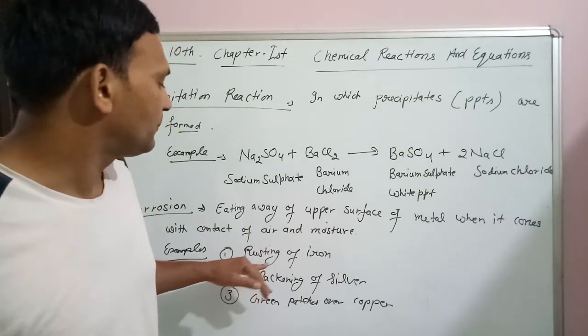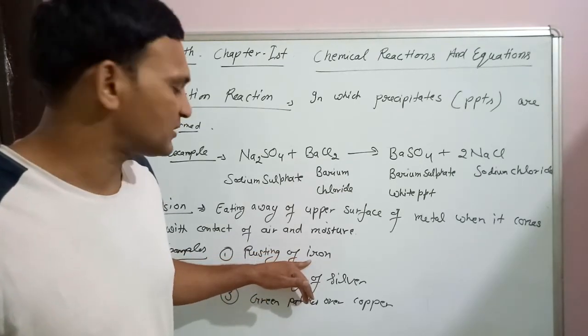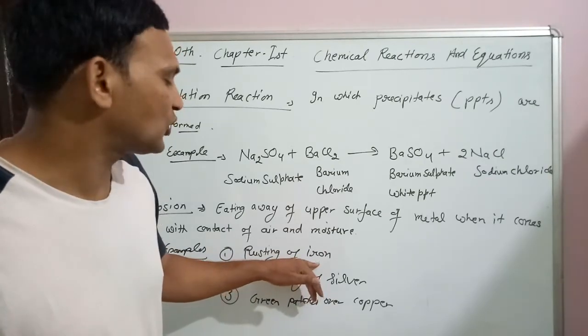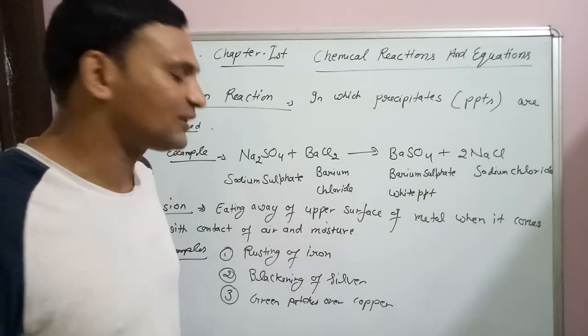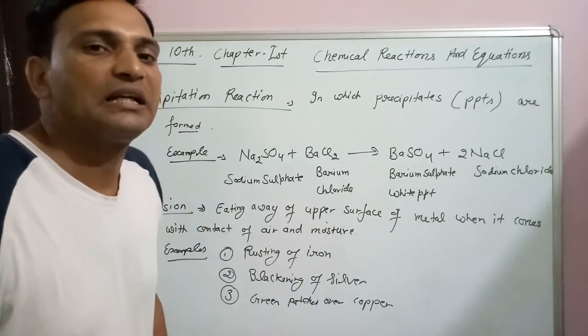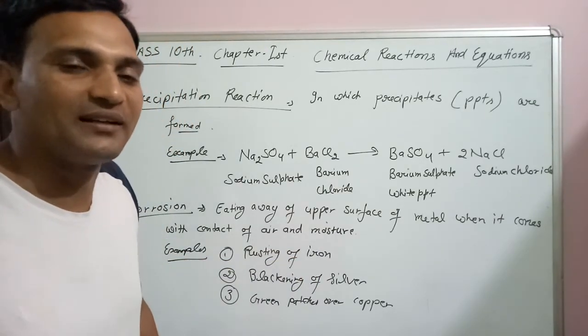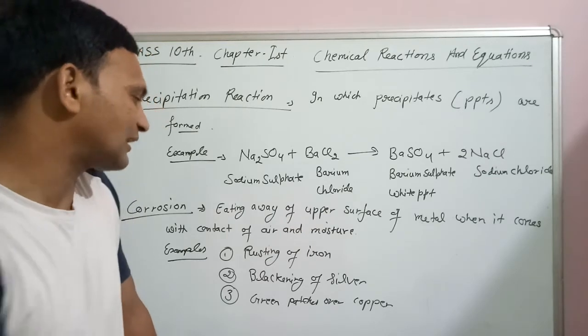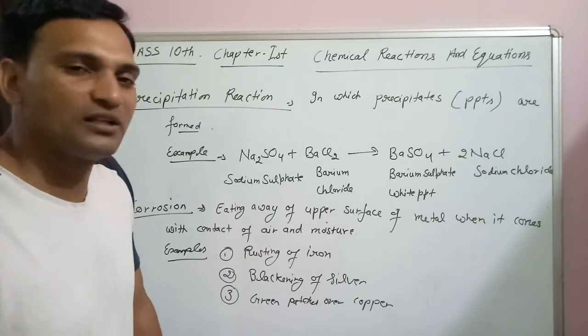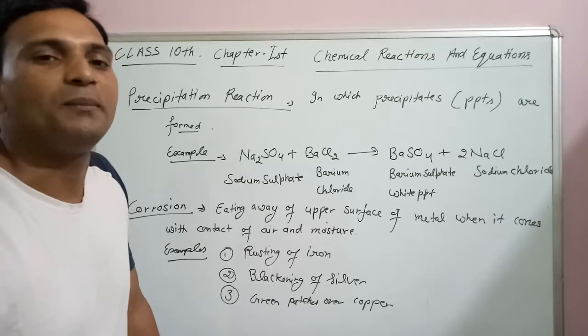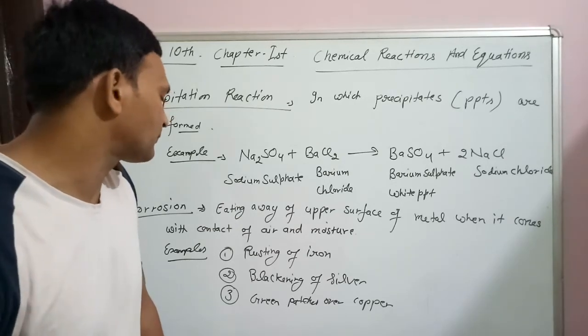So the iron, or a substance made up of iron, corrodes and rusts easily when we leave it in the open during the rainy season. It reacts with the air and moisture and forms a brown layer of rust on the surface of metal made up of iron.